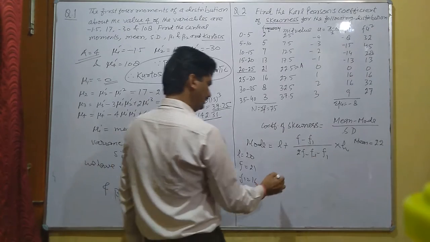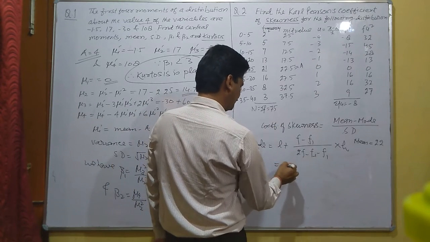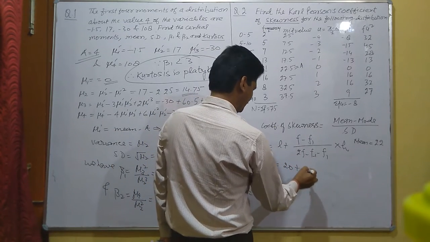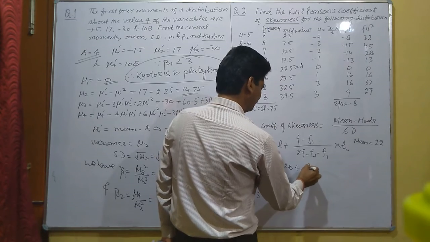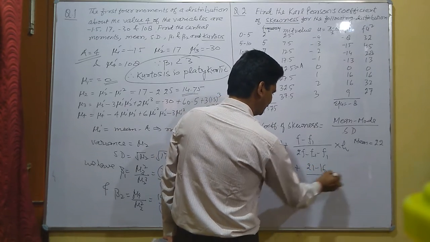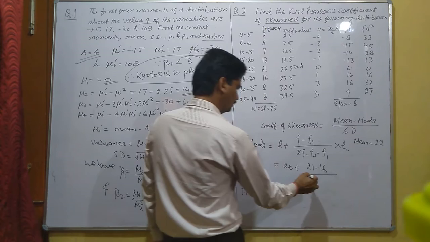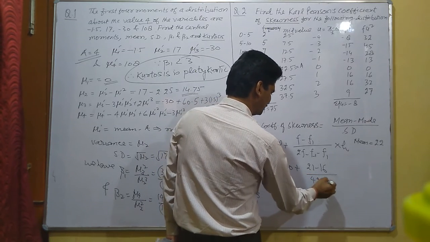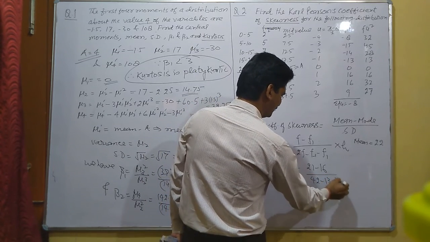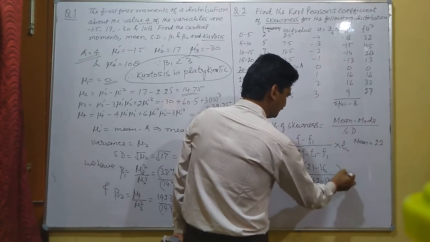And after putting these values, 20 plus f, that is 21 minus 16, upon 2f, 42, minus 13 minus 16, whole into 5.